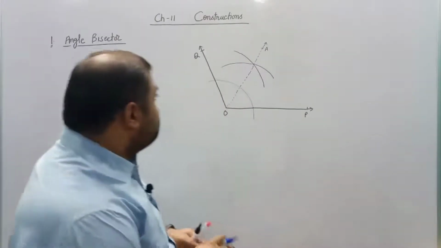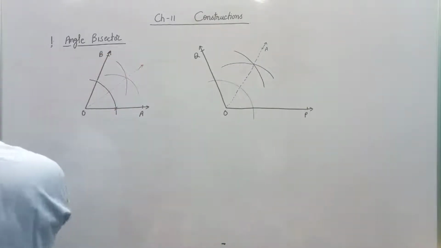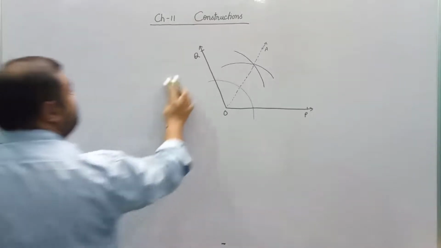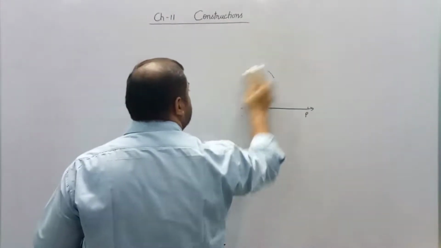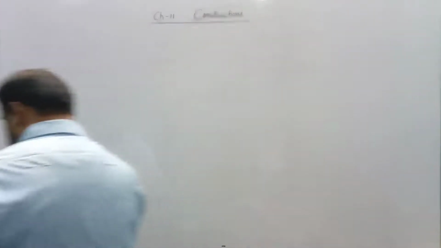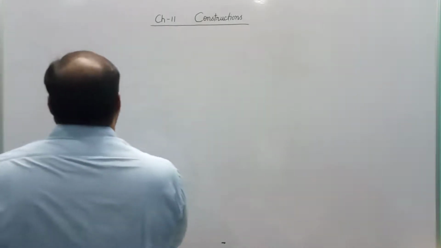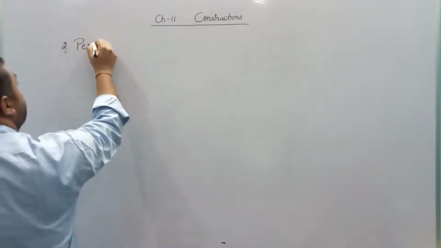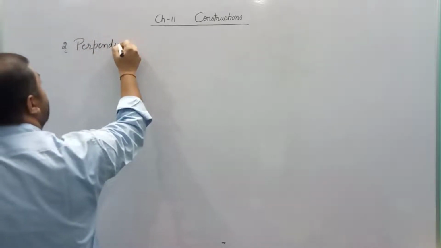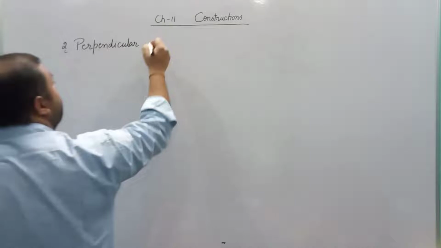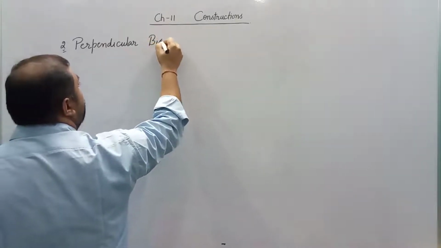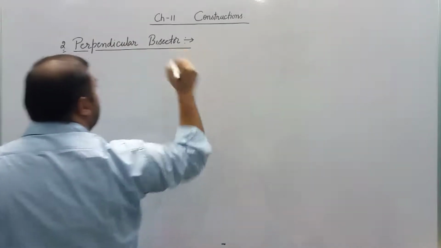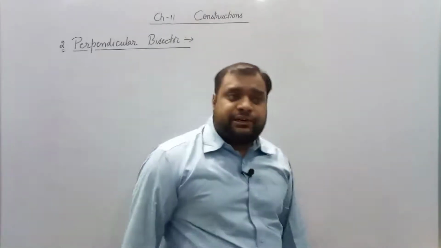Now, second point. Second is perpendicular bisector. So what is a perpendicular bisector?